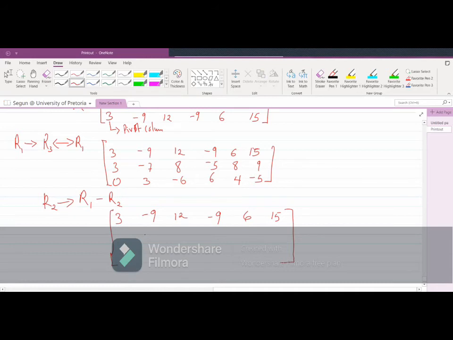So our row 3 will still be the same. Let me write that one: 0, 3 minus 6, 6, 4 minus 5. So row 1 minus row 2: 3 minus 3, 0.